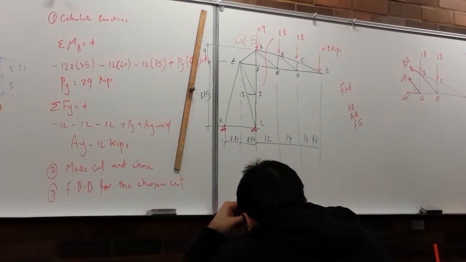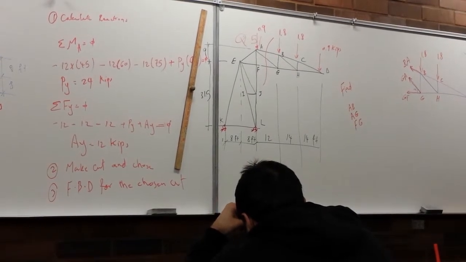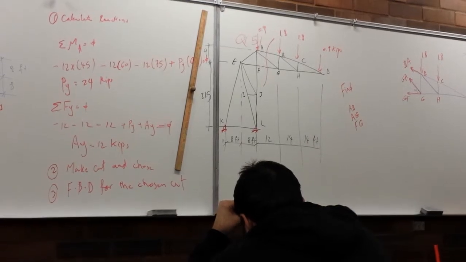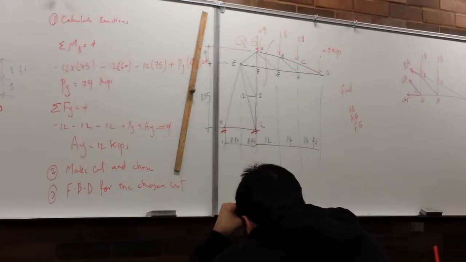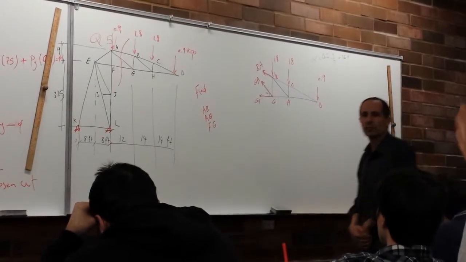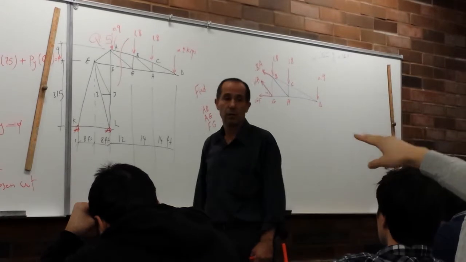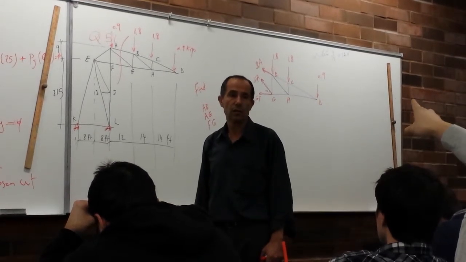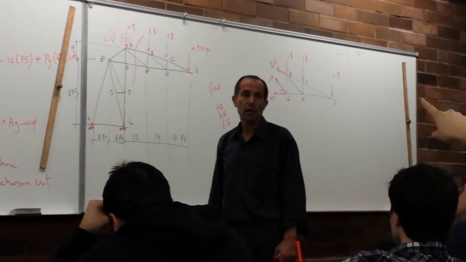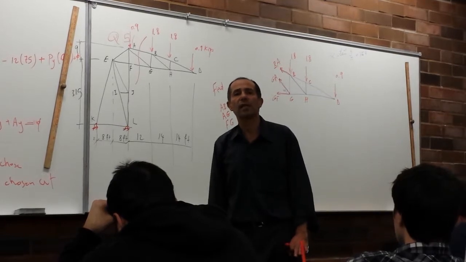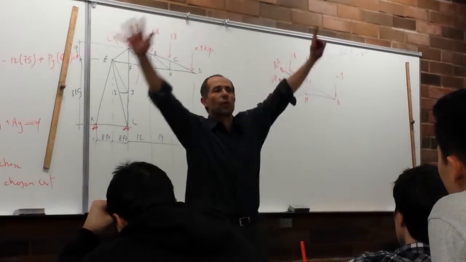Where to start? The best way is to start with sum of the moment at A or sum of moment at G. Quick question, if you pick this side to deal with, when you're finding the reaction, do you take into consideration the 1.8, 1.8? When we deal with the reactions, we deal with the reaction of the whole structure.